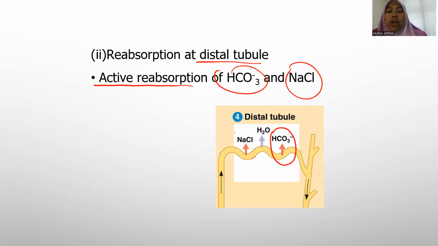NaCl is actively reabsorbed as usual: Na+ is reabsorbed, then Cl follows by passive transport, so overall we call it active transport. And also remember that water is reabsorbed by osmosis passively, because of changes in the osmolarity of the surrounding capillary or tissue.